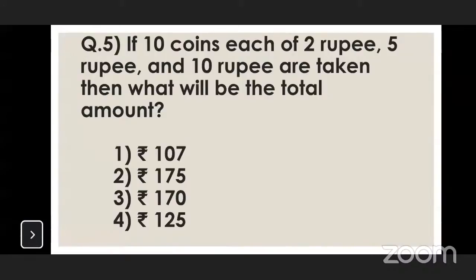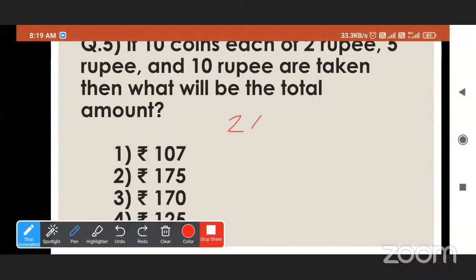Question number 5. Read the question. If 10 coins each of 2 rupees, 5 rupees and 10 rupees are taken, then what will be the total amount? 2 into 10 is 20 rupees, and 5 into 10 is how many rupees? 50 rupees.